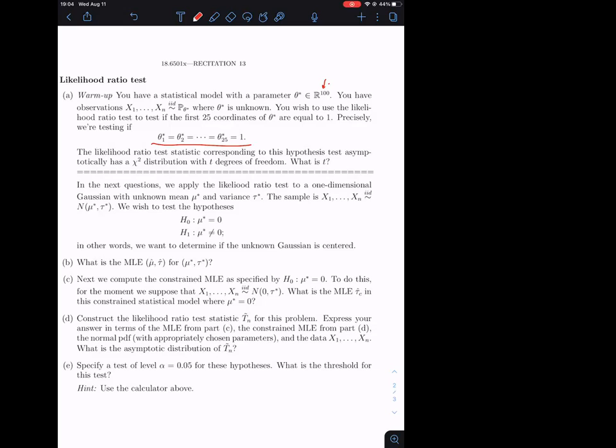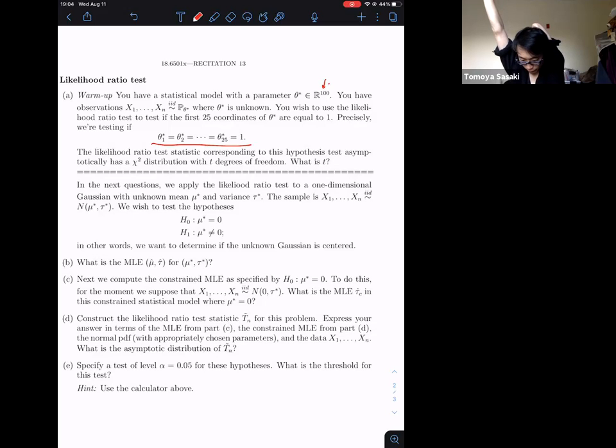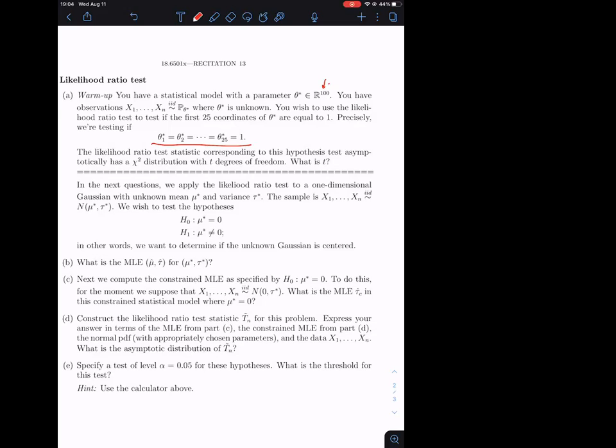You know that the distribution is chi square with d minus r, where d is 100, the total dimension of the parameters, and r are the fixed ones. There are 25, so I think it's 75. Yeah.